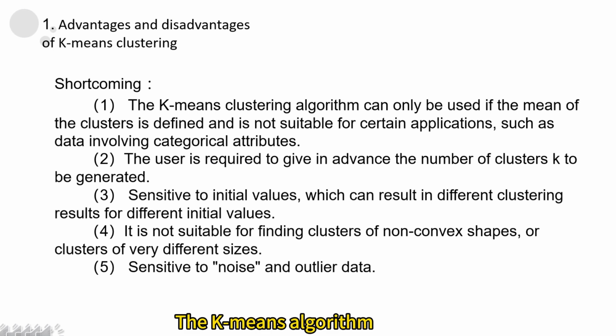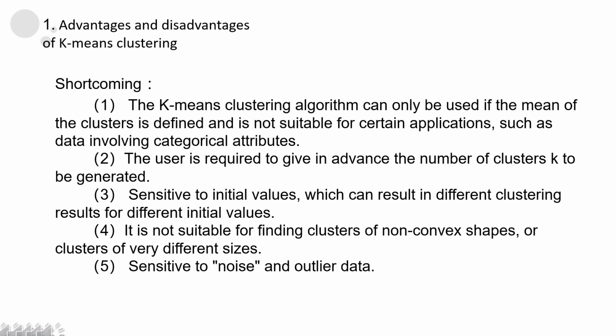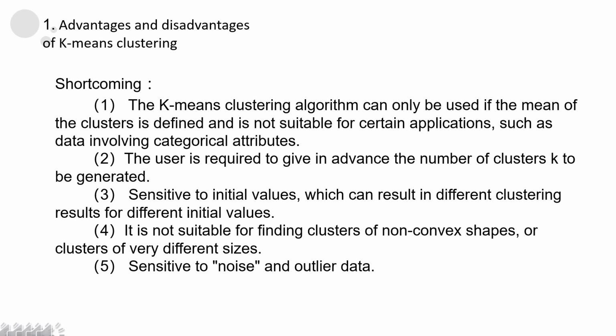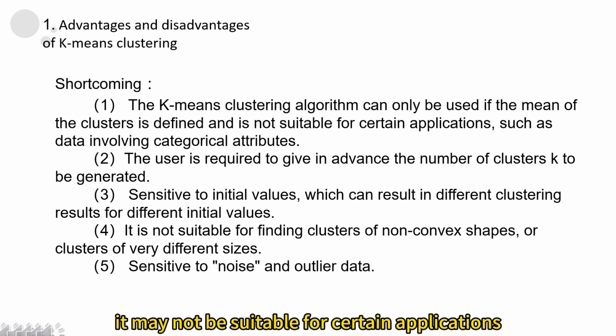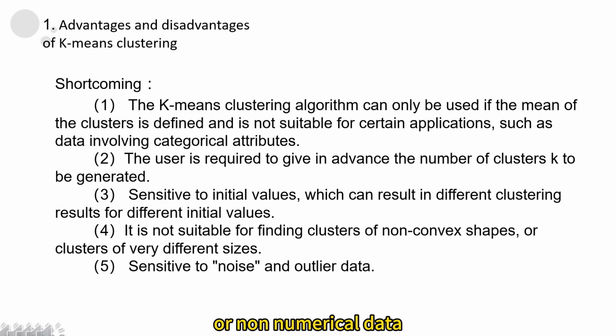Here are the shortcomings of the k-means algorithm. The k-means algorithm relies on calculating the mean of the clusters, which means it requires a definition of the mean. Consequently, it may not be suitable for certain applications that involve categorical attributes or non-numerical data.